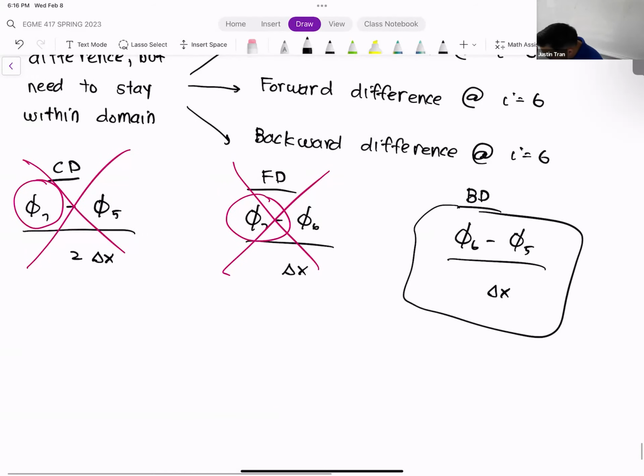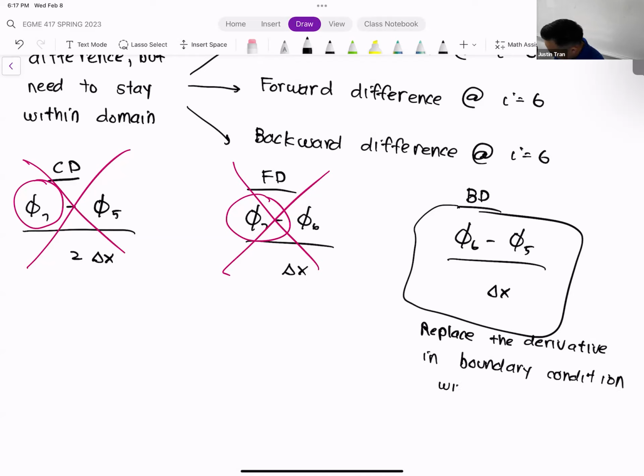All right, so let's replace the derivative in the boundary condition with this.